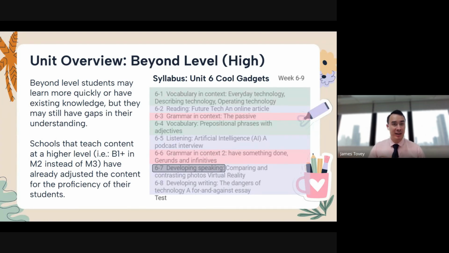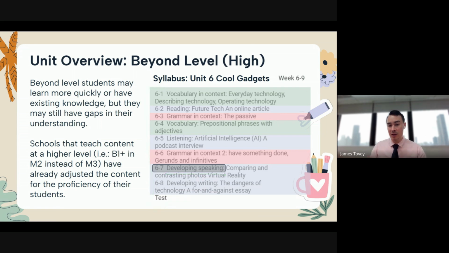If they're saying, we want to teach more speaking, then teach more speaking. You might have to sacrifice a bit here and there with some of the other language skills if they really want you to boost up their speaking. Or alternatively, because they are beyond level students, you don't have to add extra content or depth. Instead, let them go through all of these as normal, but every single lesson you're also developing some speaking.